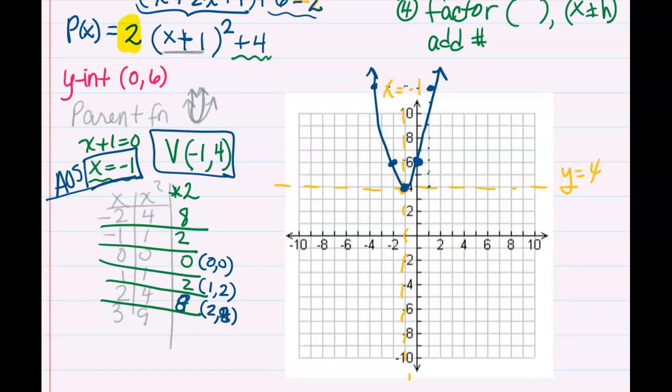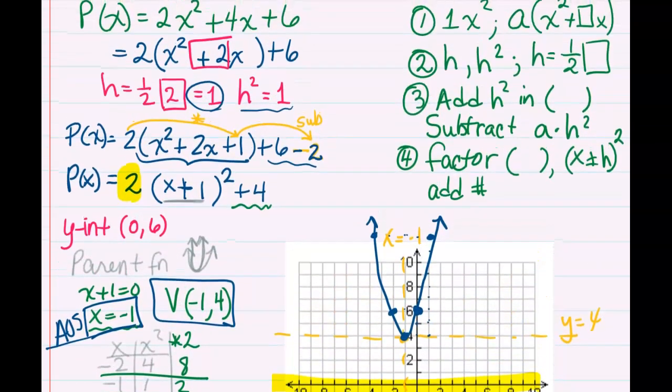My question is, are there any x-intercepts? Does it cross the x-axis at any point? The answer is no. We can see that our x-axis here does not have the graph touching it nor going through it. What that means to us, and we'll get more detail about it later, is that there are no real solutions to the equation, and I'm going to go back to my standard form, general form.